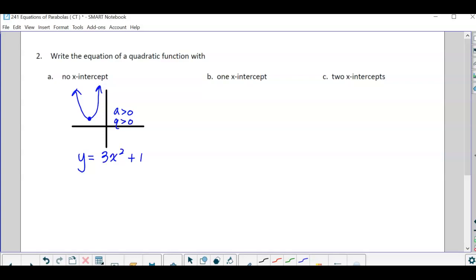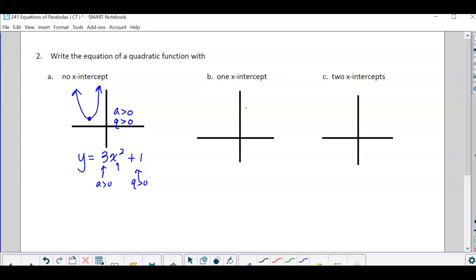Now, that's not the equation of this. This is moved over to the left. So you can translate this, but A has to be greater than 0, and Q has to be greater than 0. Okay. One x-intercept. Just do this.